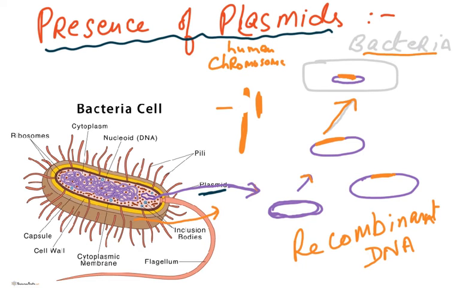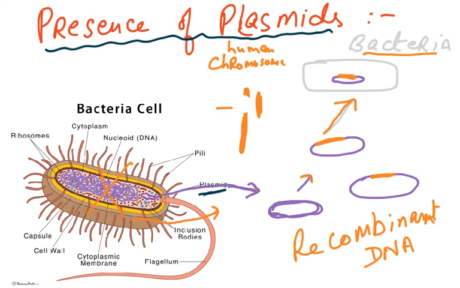And now this bacteria we're going to culture in a fermenter, and then this bacteria is going to produce insulin for us, because we put in a gene for insulin taken out of a human chromosome into a plasmid, and then we have put this recombinant DNA back into a new bacteria, not from this one. This one we have destroyed, because to extract these plasmids we break the cell wall and the cell membrane.